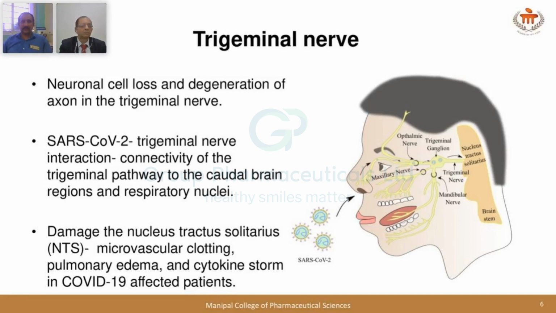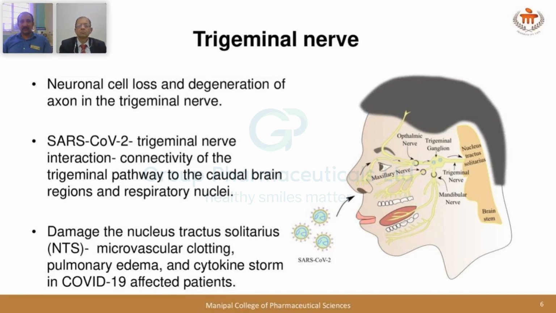So one of the hypotheses is that the trigeminal nerve connects with the nucleus tractus solitarius, or the NTS, which is responsible for the neural regulation of respiration and is associated with the respiratory nuclei.